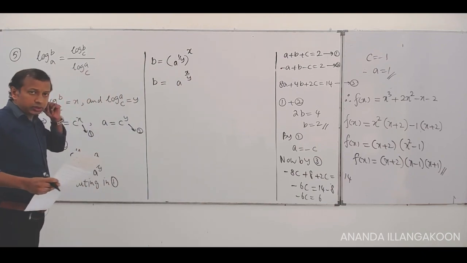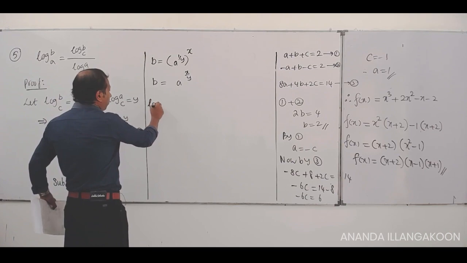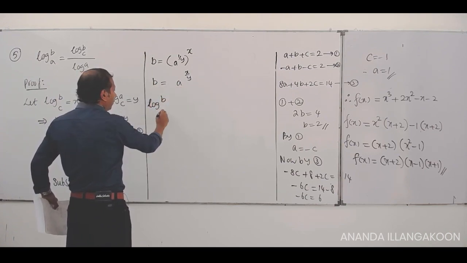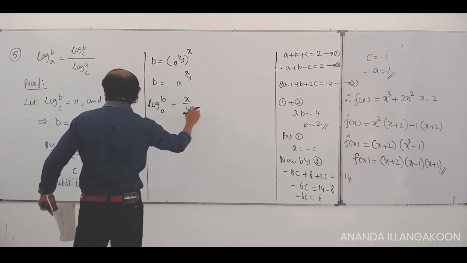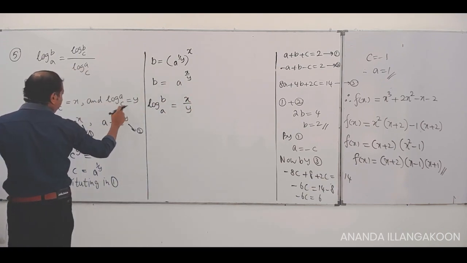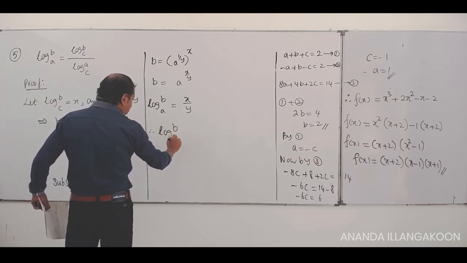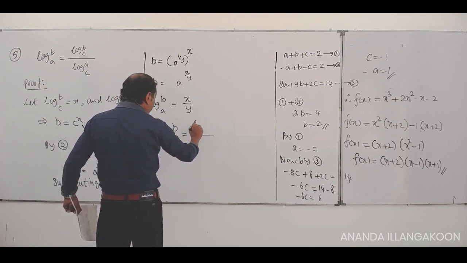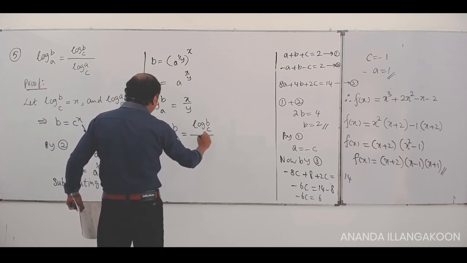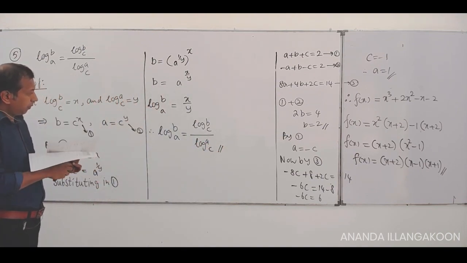Now you can convert this to logarithmic form. How? Log b to the base a equals x upon y. All right. Now substitute x and y. X is this, y is this. Therefore, log b to the base a is equal to log b to the base c over log a to the base c. This way we can prove that.